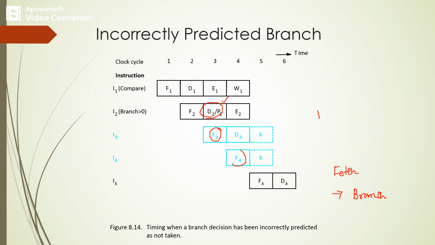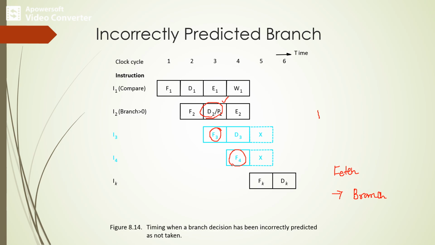The fetch unit thinks that the branch will not be taken, and it will fetch instructions I3 as well as I4 and enter the decode stage.